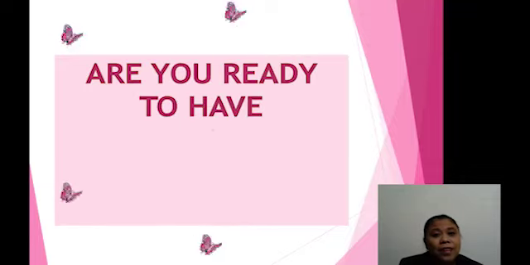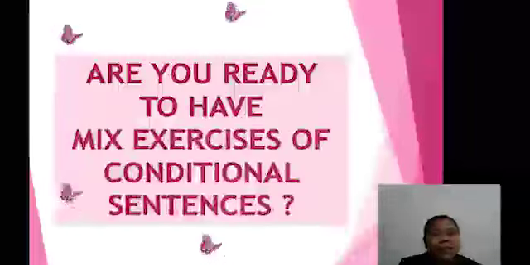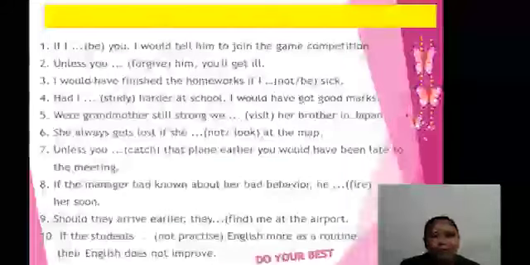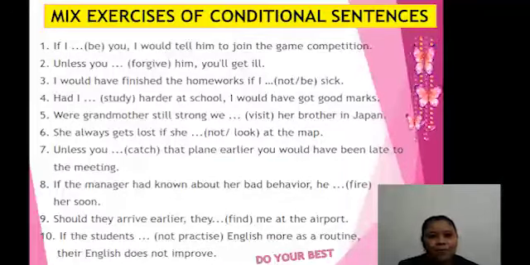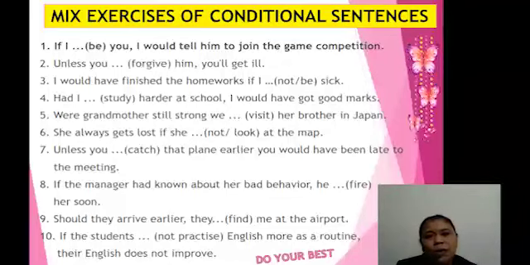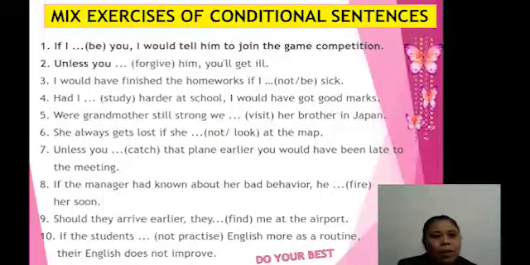So that is the inversion in conditional sentences. Well done, students. Well done, learners. Are you ready to have the mixed exercise of conditional sentences? Okay? Here they are. Number 1. If I be you, I will tell him to join the game competition. Number 2.